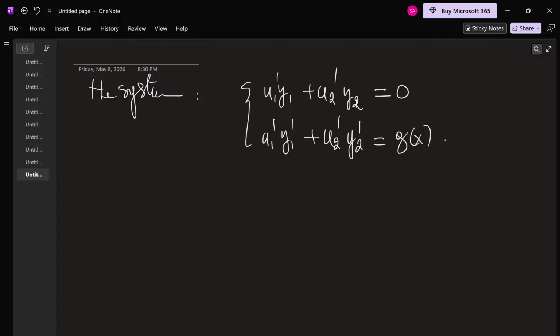So if we solve this system of equations, then it is done. We find our particular solution. So how to solve this? Actually, you studied this in algebra, the method for solving linear algebraic equations. We use Cramer's rule.